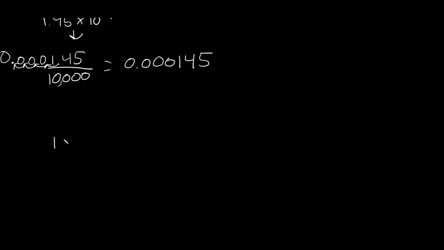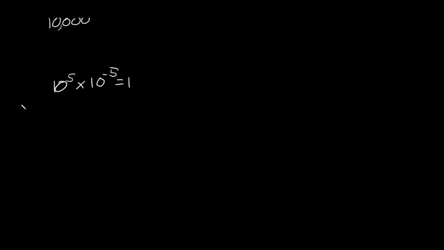And I want you to notice another pattern when it comes to multiplying by powers of 10. If you were to take 10 to the 5th power times 10 to the negative 5th power, that's going to be equal to 1, right? Because we have 10 to the 5th times its own reciprocal, 1 over 10 to the 5th power. So this is going to be 10 to the 5th on the denominator, and these values are equivalent.